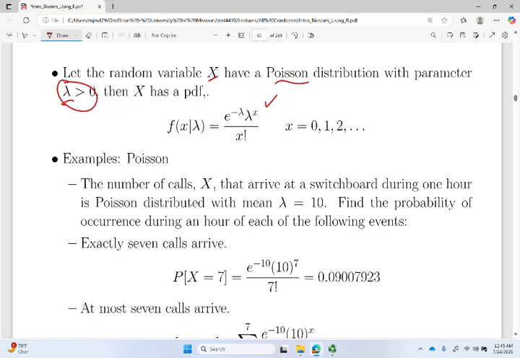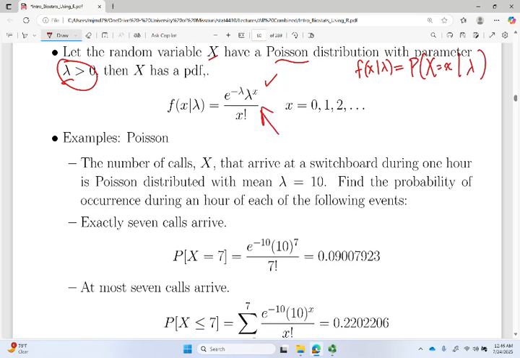So f of x given lambda, because you have to know what it is, is the same as the probability that our random variable equals some value, given whatever the lambda parameter is. And this is it.